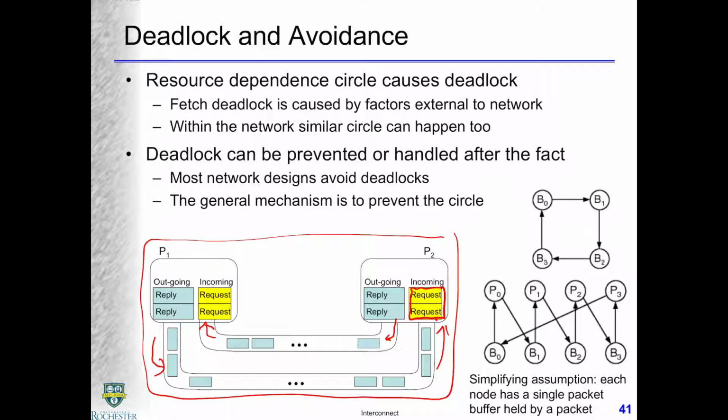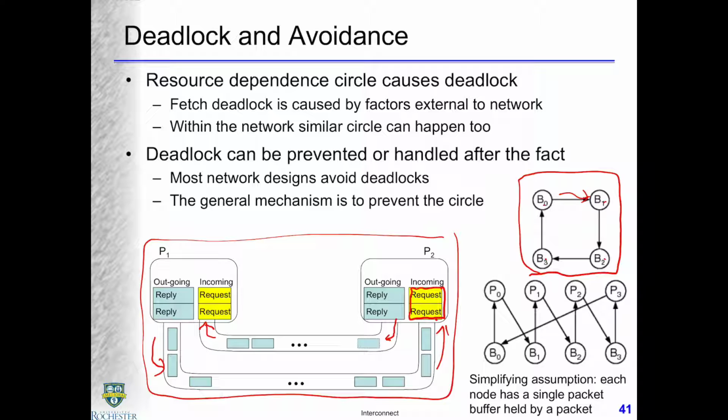And in a network, you can have the same problem. Anytime you form a resource dependence cycle, like the one shown over here, I have buffer 1. Buffer 1 is waiting for buffer 2, which is waiting for buffer 3, which in turn waits for buffer 0, which completes the cycle by waiting for buffer 1. In reality, of course, a buffer never waits for another buffer.